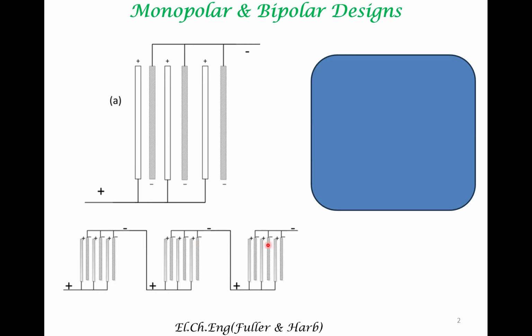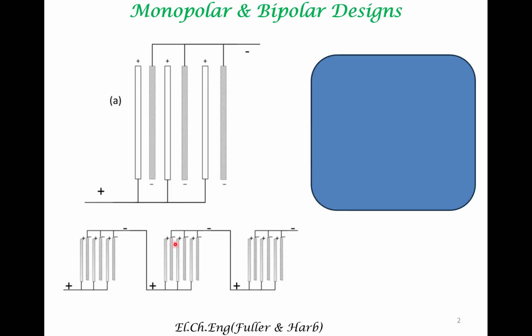In this way, we can not only build up current, we can also build up voltage by connecting these bunches of cells in series. So the voltage from here adds up to voltage from here, adds up to voltage from here. All of these form the monopolar design.